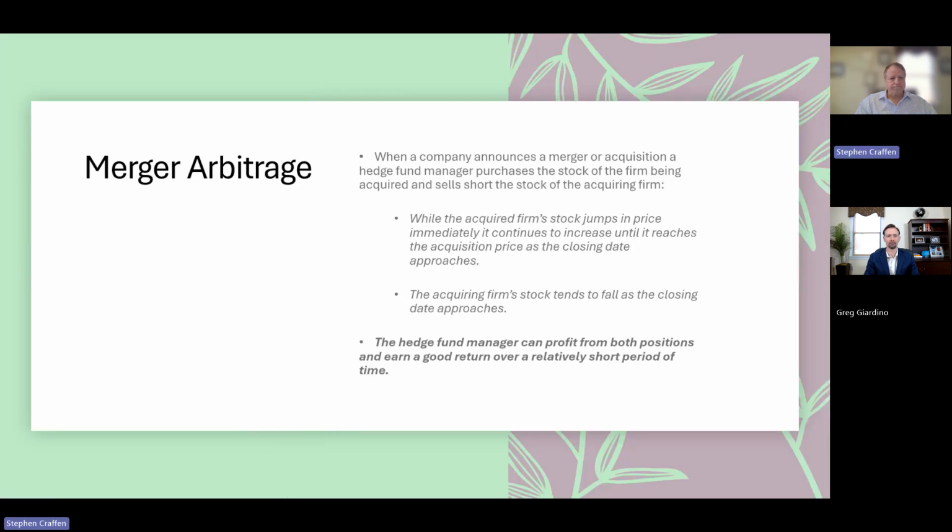Now, merger arbitrage also deals with pricing inefficiencies, specifically when it comes to a company that's being acquired by another company. Essentially, the acquiring company has a set purchase price, and the company being acquired, their stock price will start to jump and get closer and closer to that acquisition price.